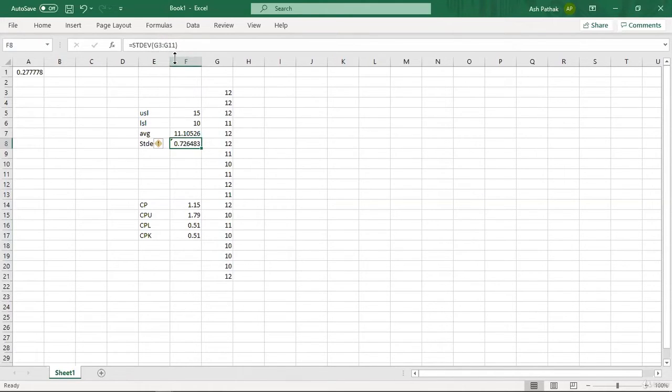Okay. CPK is further reduced. Yeah, because even though we are taking a larger sample size, our data is pretty much skewed towards one of the lower specification limits.